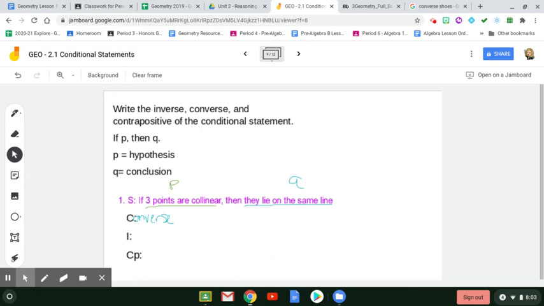So instead of the hypothesis first and then the conclusion, it flip-flops them around. So how am I going to write that? I'm going to write it as if. Now I can't just say if they lie on the same line. So instead I'm going to say if 3 points lie, or how could I say if 3 points are collinear?